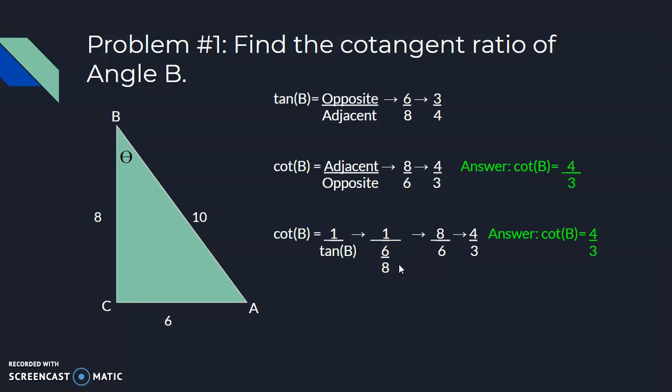When I do the inverse in the bottom, I have to do the same at the top. So I got 8 over 6 and 8 over 6. My denominator canceled out into 1, which got me 8 over 6 by itself. And I simplified to 4 over 3. And my answer for the cotangent ratio of angle B is 4 over 3, which is the same answer I got up here.